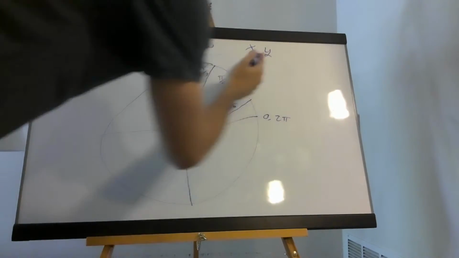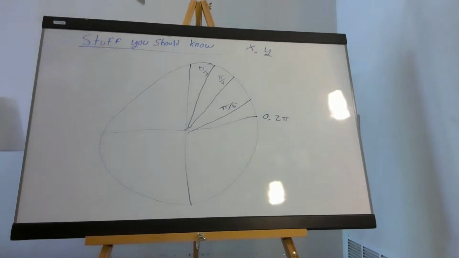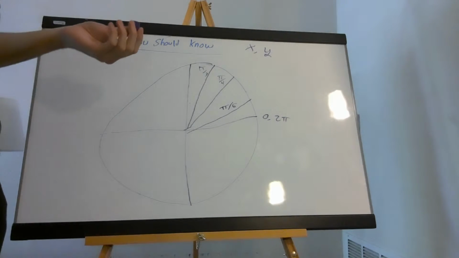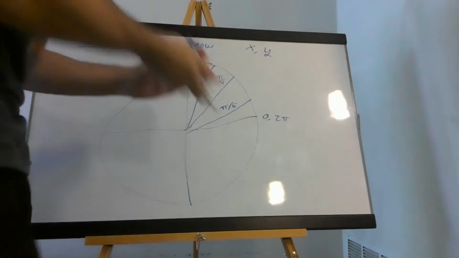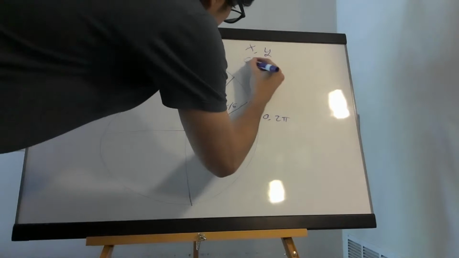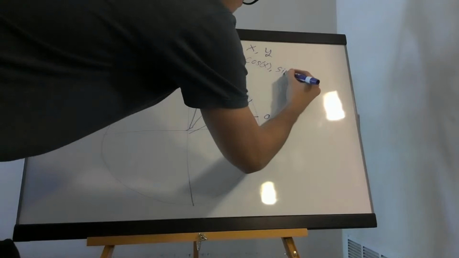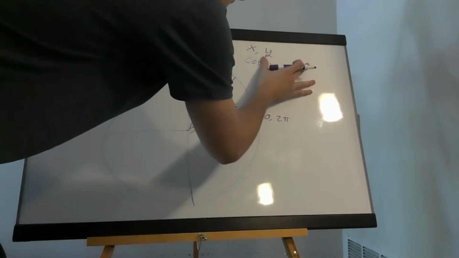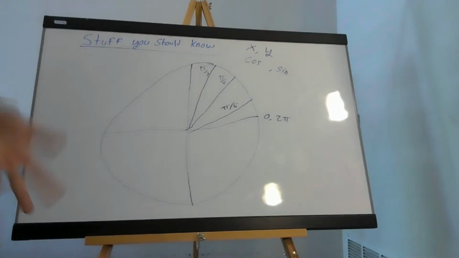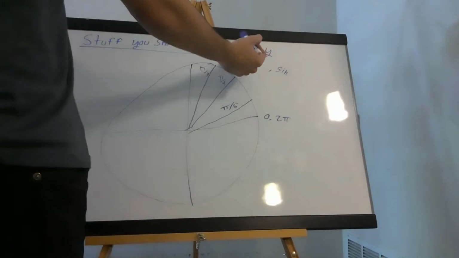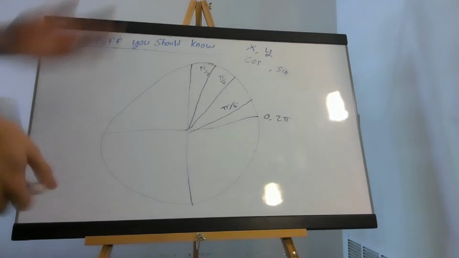So we know that cosine is going to be our x value, and then sine is going to be our y value. And if you want to think about it in an easy way, x comes before y in the alphabet, c comes before s in the alphabet. So you can just memorize it like that.